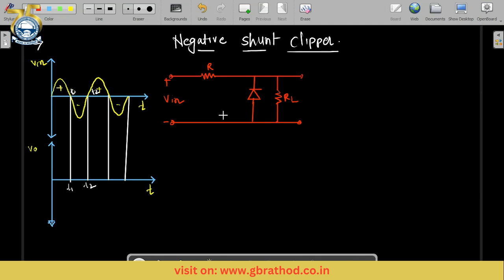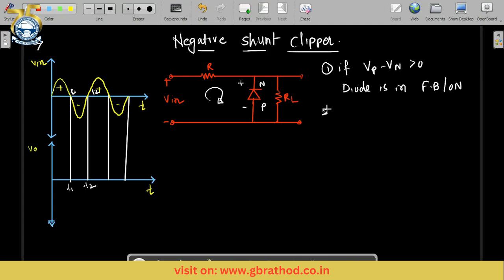Now for the positive half cycle, current will flow this way. So this is negative, this is positive, so positive here, negative here. If we check the condition, if Vp minus Vn is greater than 0, the diode is in forward bias, or you can say it is on.